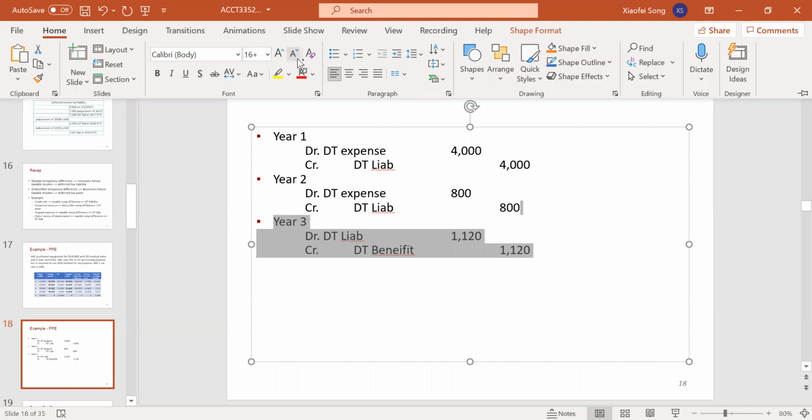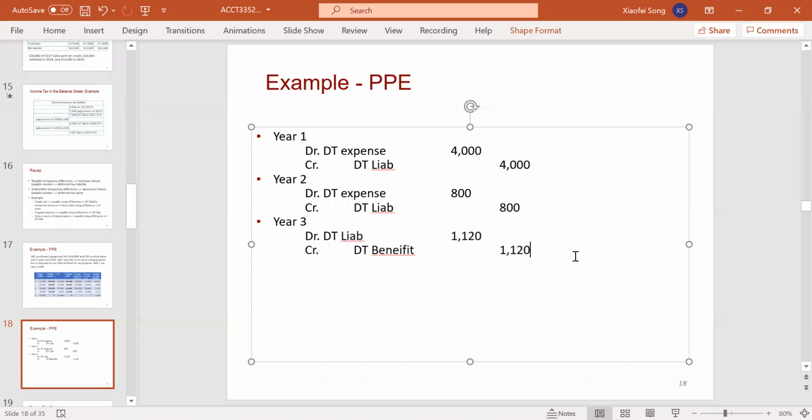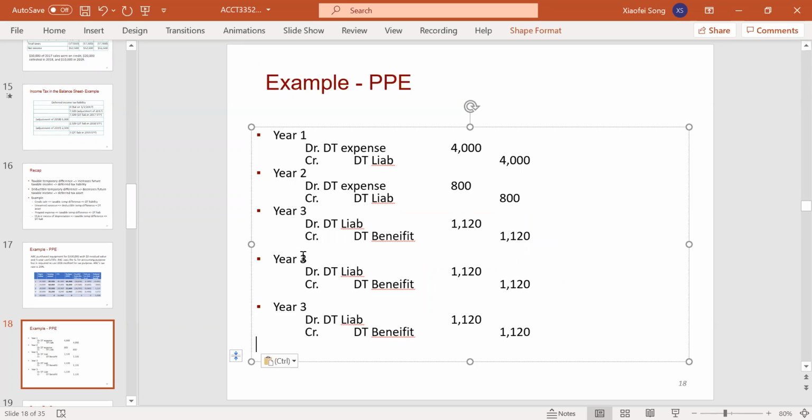Now I'm going to copy this one to year 4 and year 5. Year 4, further reversal, it's another 2,272.